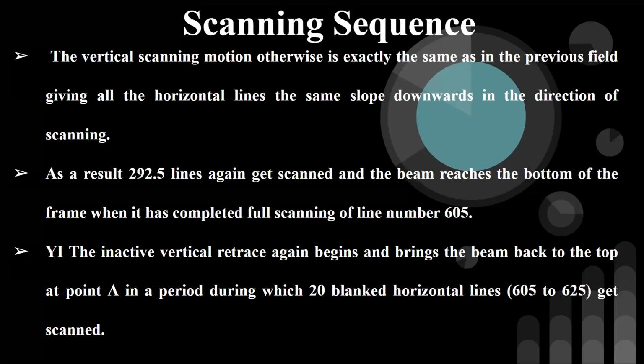So as a result, 292.5 lines again get scanned. So the beam reaches the bottom of the frame when it is complete.